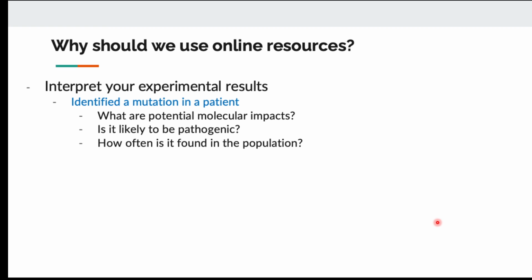Usually you want to understand what the mutation does, in terms of its impact inside the cell: will it be the likely cause of the disease, will it be pathogenic, how rare is it, and how often can you find it in the general population. This information can help you develop your project, whether you want to focus on a certain mutation or another mutation.